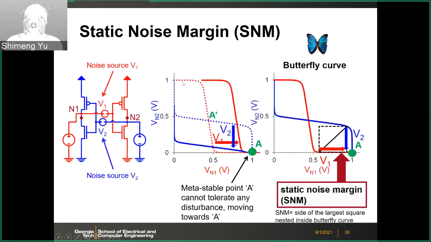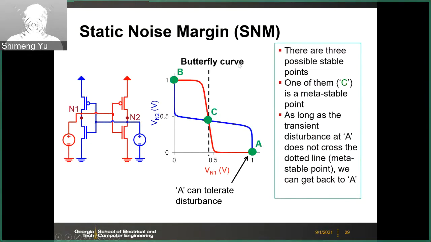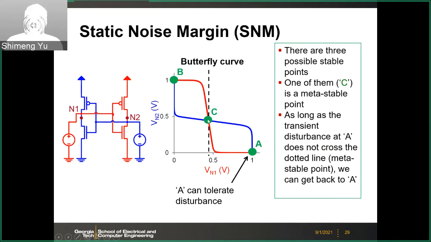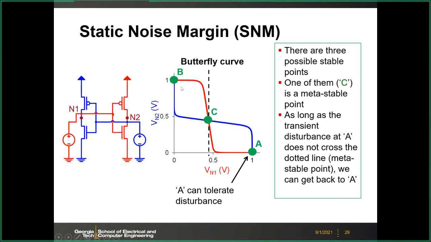And then we have introduced the butterfly curve. And then for the red inverter, you have the red curve here. For the blue inverter, you have the blue curve here. 3 stable points. And then the point C is metastable, and any noise will flip it to either B or A.